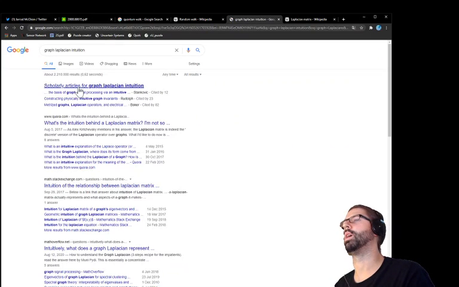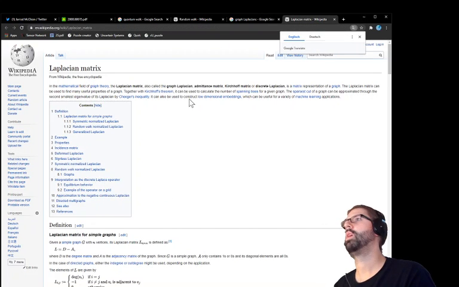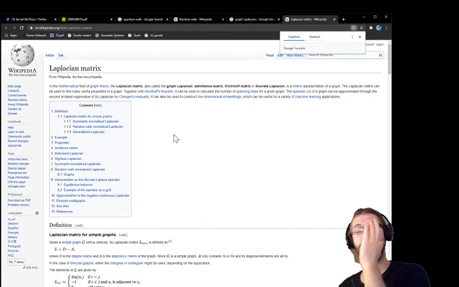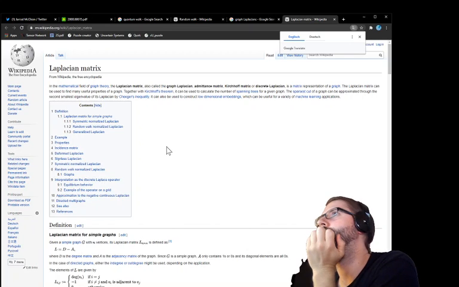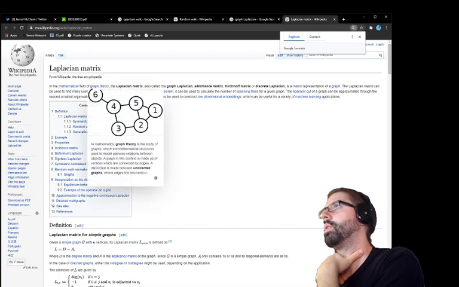Oh, there's even intuition. It seems like the Laplacian matrix is related to that. No, that's not Lagrange, that's Laplace. Okay. Oh, so this is it.